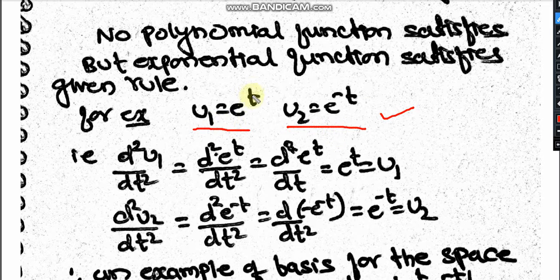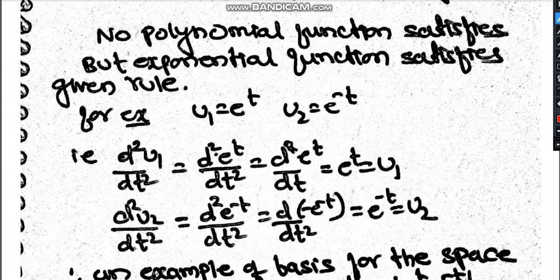If only one vector is asked, you can make use of this. If three vectors are asked, you can go for any other, like e raised to minus 2t. Not minus 2t, since that will lead to 4, but you can use this in an efficient manner.